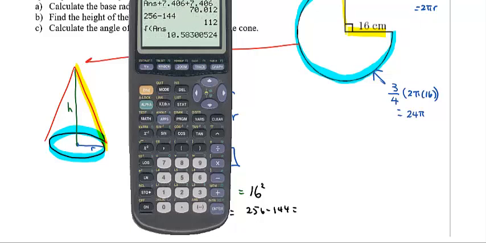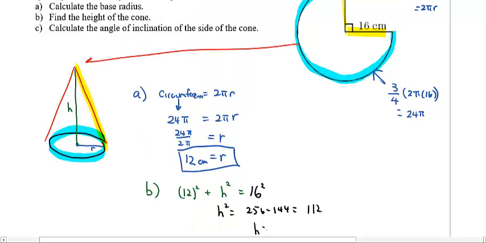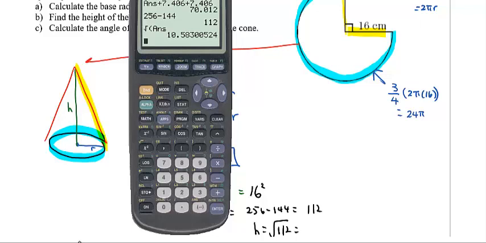So take the square root of 112, and then you get approximately 10.58.